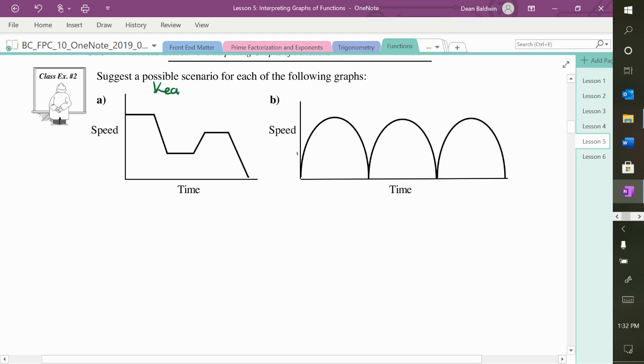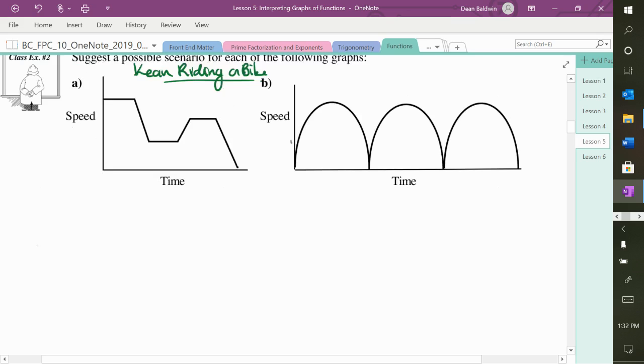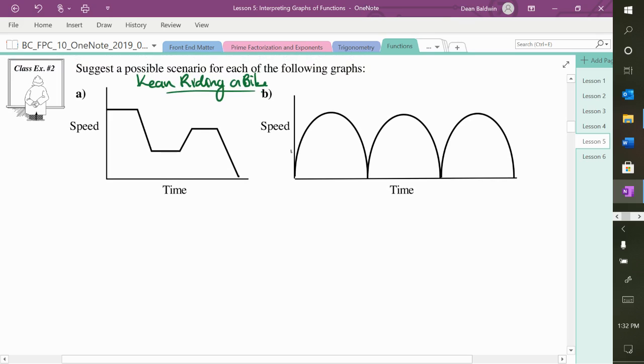This is Keen riding a bike. We've got time on the x-axis and his speed on the y-axis. I'm going to call this A section. This is B, C, D, E, and F.